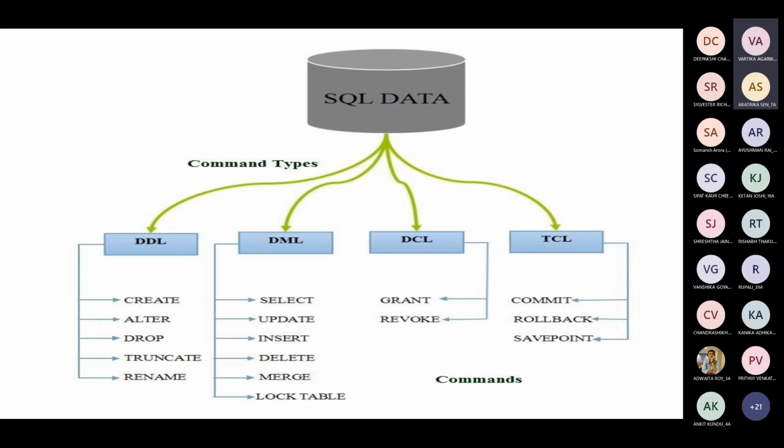Suppose you have done 10 transactions: you inserted something, then deleted something, then modified something. If you want to roll back all these 10 transactions, you simply put rollback and all your transactions would be gone. But once you put commit, you will not be able to put rollback. Got it?